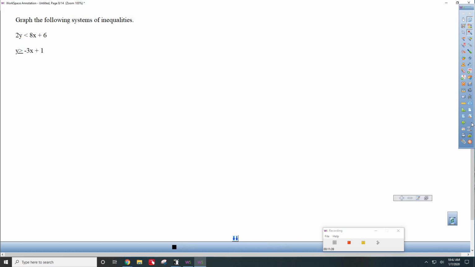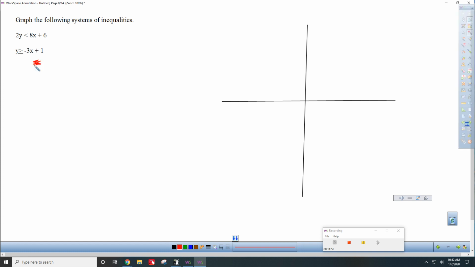All right. Graph the following systems of equations. Okay, let's graph this second one first. We'll graph it in red.